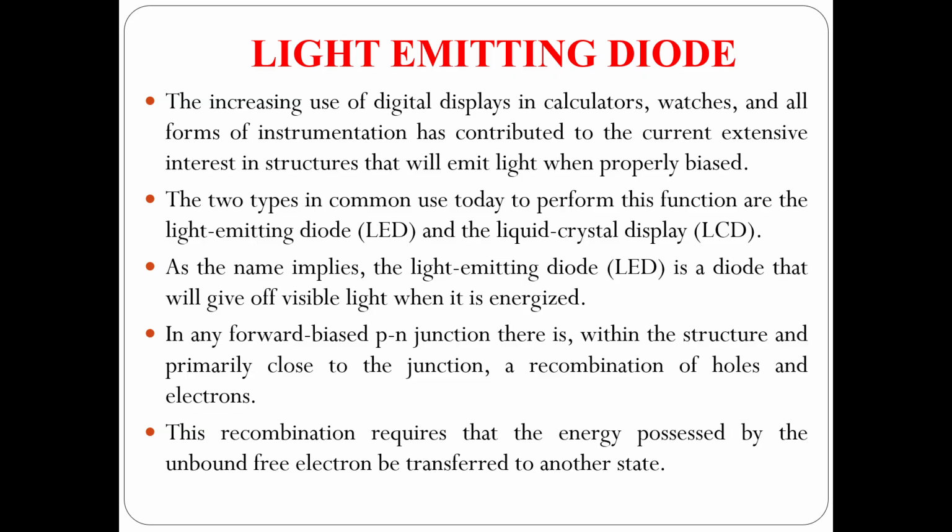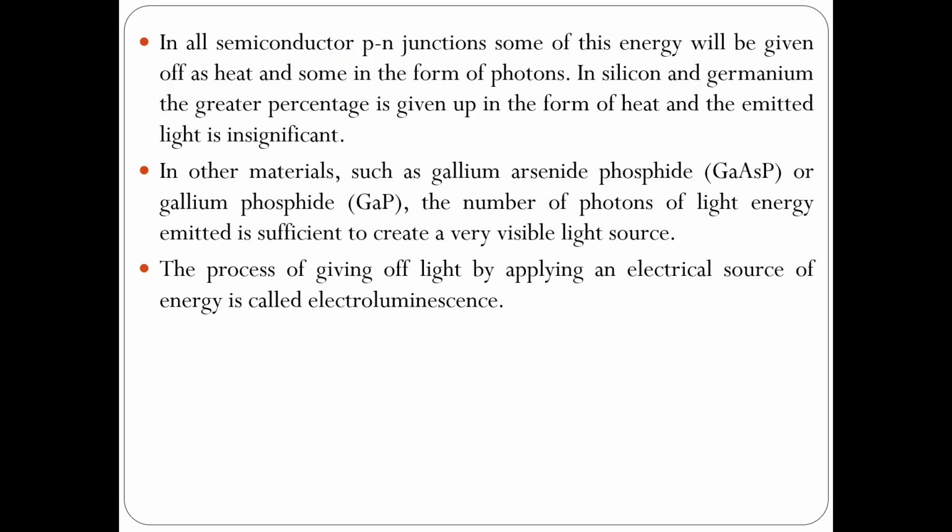In any forward biased PN junction, there is, within the structure and primarily close to the junction, a recombination of holes and electrons. In all semiconductor PN junctions, some of this energy will be given off as heat and some in the form of photons. In silicon and germanium, the greater percentage is given up in the form of heat and the emitted light is insignificant.